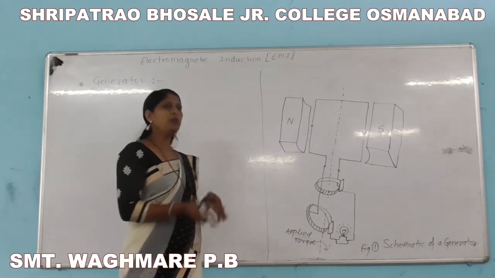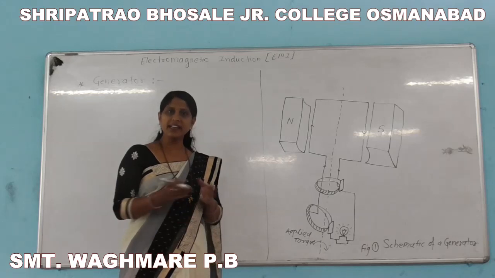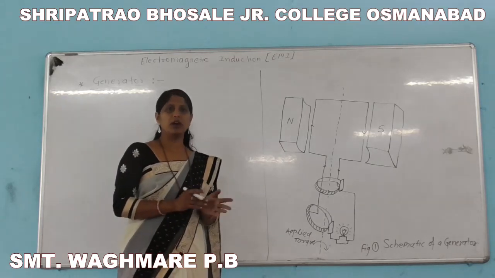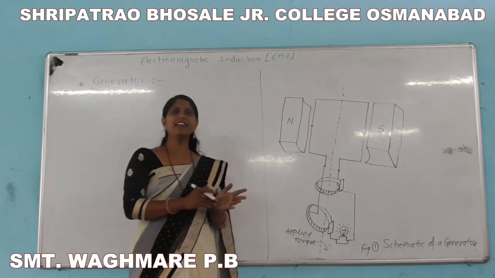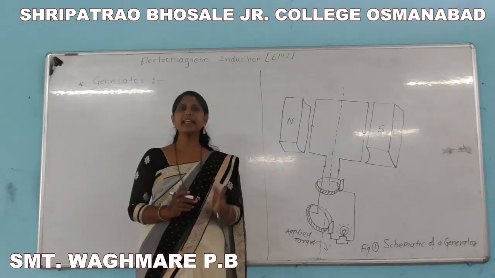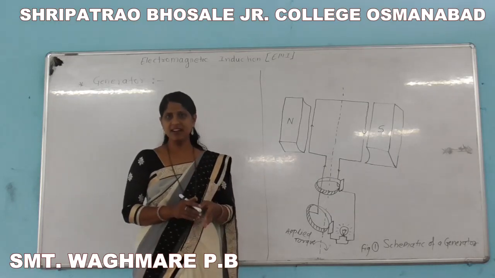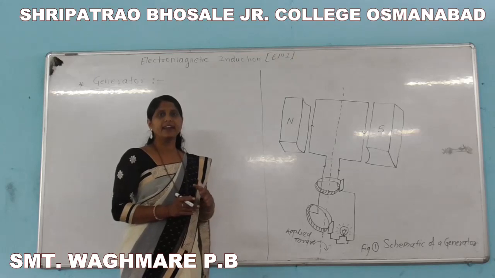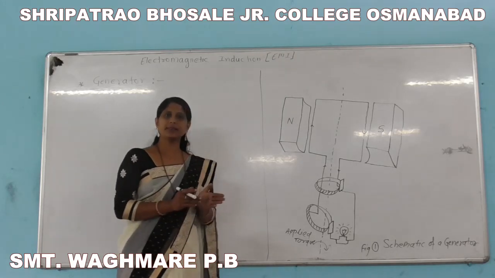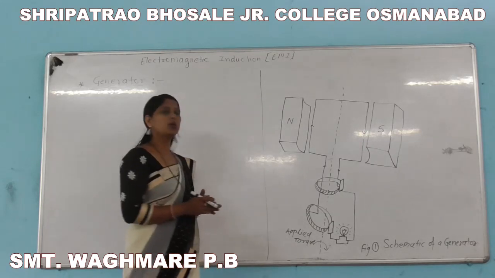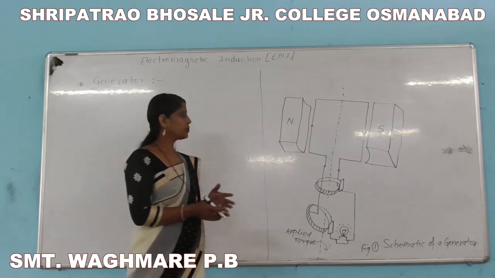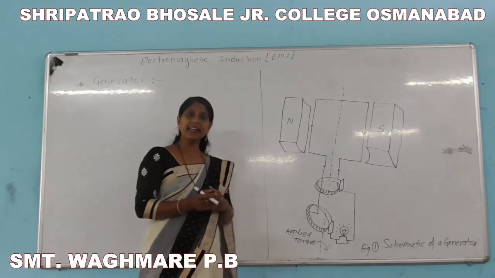It means that when we place a coil in a magnetic field and move it away from or towards the magnetic field, then EMF is induced in the coil and current is also produced in the coil. This technique is used to generate electrical energy.